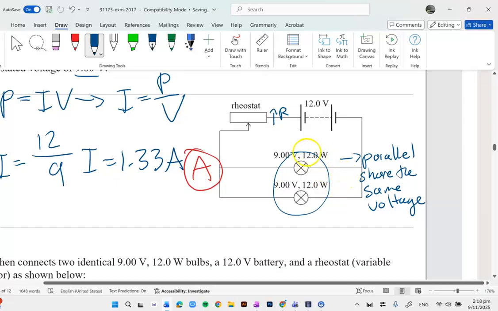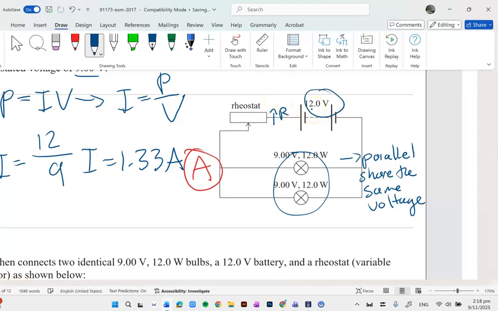Well, since the combined bulbs are in series with the rheostat, it can be said that the total voltage, so we've got 12 here, minus 9 equals the voltage of the rheostat. So that means this must be 3 volts, since 12 minus 9 equals 3.